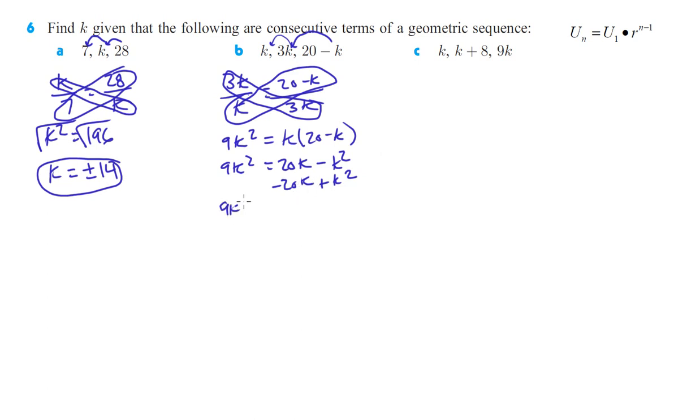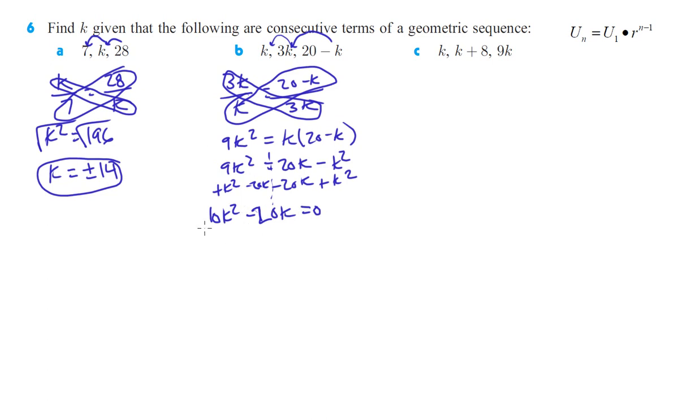So we get 9k squared plus k squared minus 20k, which is 10k squared minus 20k equals 0.